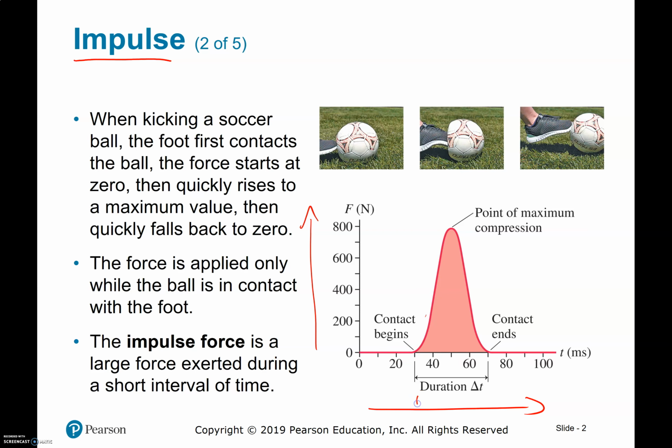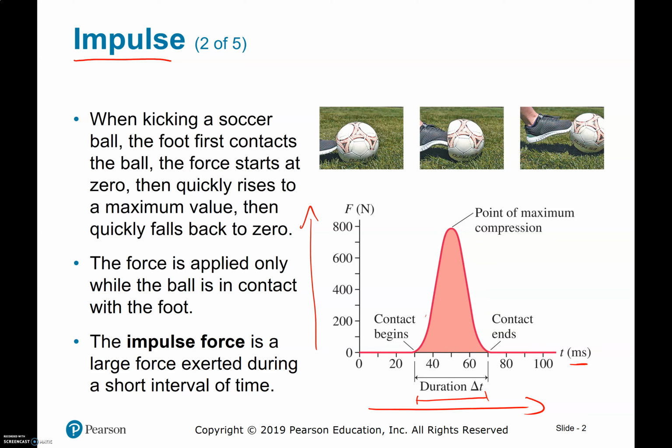This duration is very short. These are milliseconds. 1,000 milliseconds is a second. So here we have a force that lasts for a very short fraction of a second, and it's very sharp during that period.